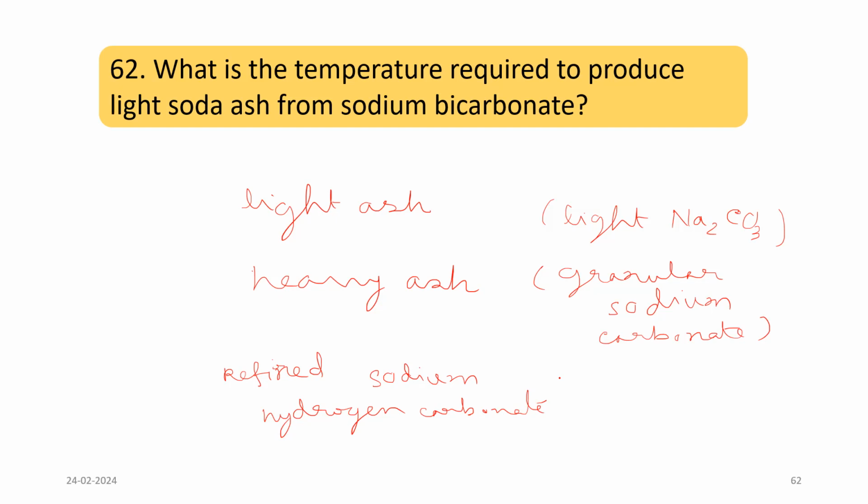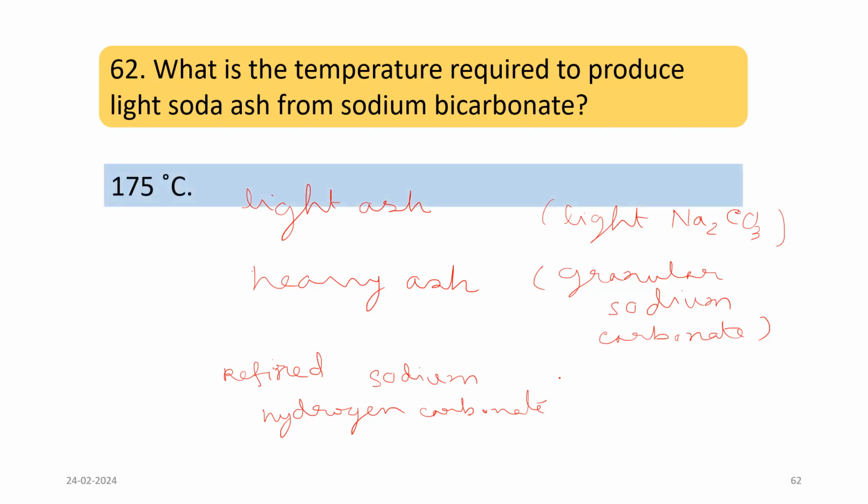And when we get sodium bicarbonate, we heat it to 175 degrees centigrade to produce the light ash.